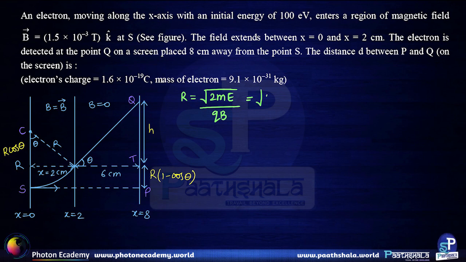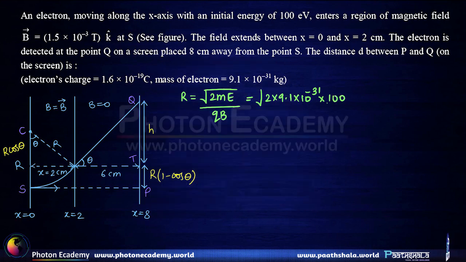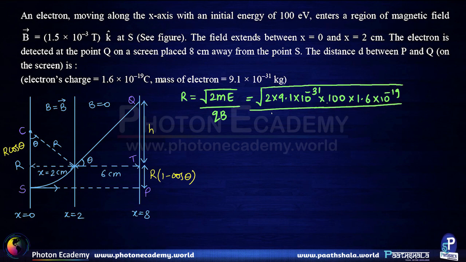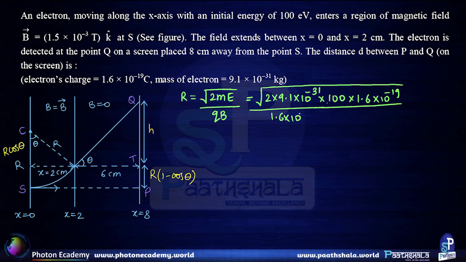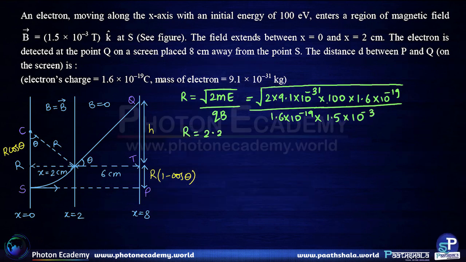Putting the values, we get 2 into 9.1 × 10^-31, which is the mass of electron, into 100 electron volts, and to convert it into joules, we multiply with 1.6 × 10^-19, divided by the charge of electron, which is 1.6 × 10^-19, into the magnitude of magnetic field, which is 1.5 × 10^-3. This gives the radius to be 2.24 centimeters.